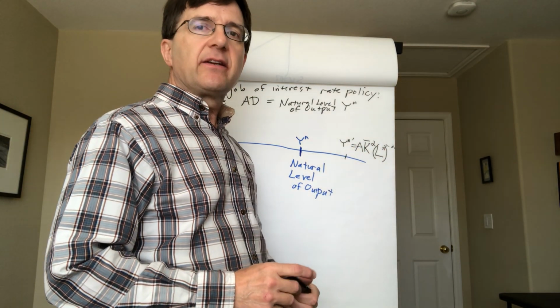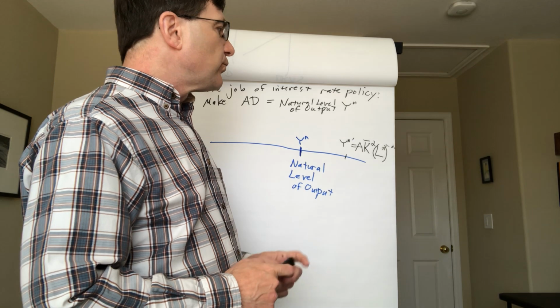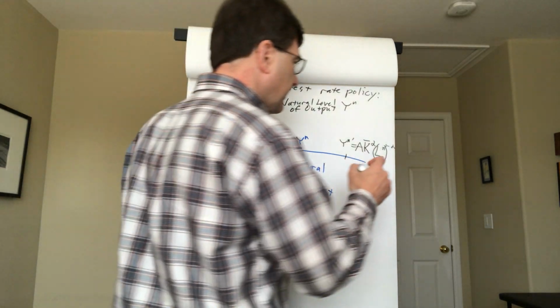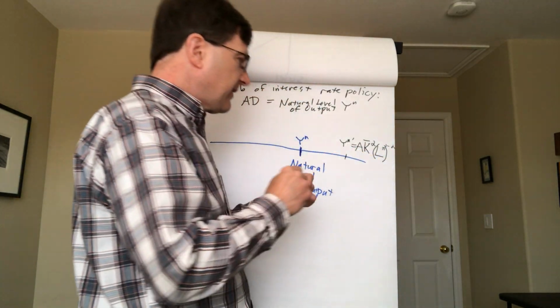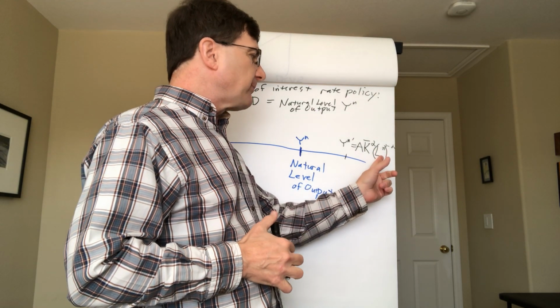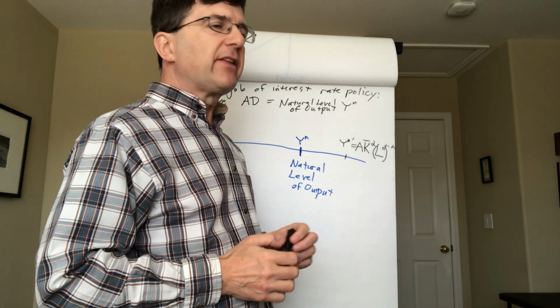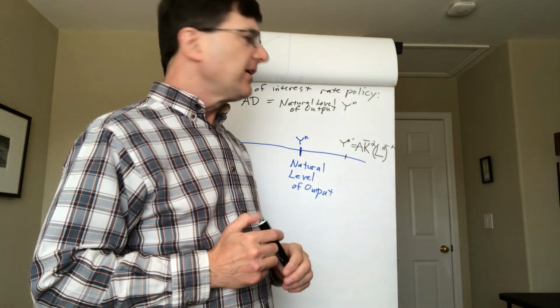And then I should say this natural level of employment of labor hours really is determined by two things. It's determined by population, and it's determined by those three wedges that we talked about.